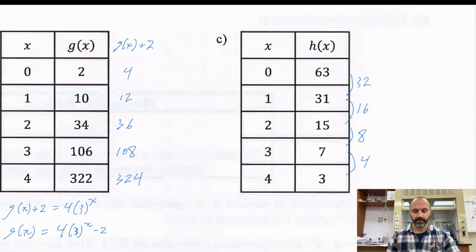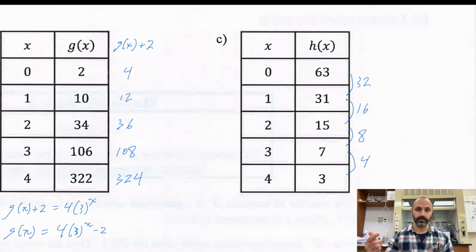Next one. So here, again, I'm not seeing any pattern emerging immediately just from the numbers themselves, but when I take the differences, I see that I've got 32, 16. And that is, I'm cutting in half each time. So here the common ratio is 1/2. And all I have to do is add 1 to each of these values. I get 64, 32, 16.